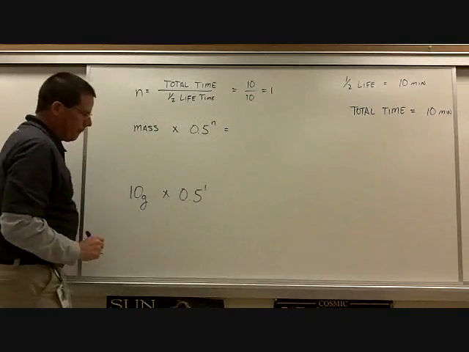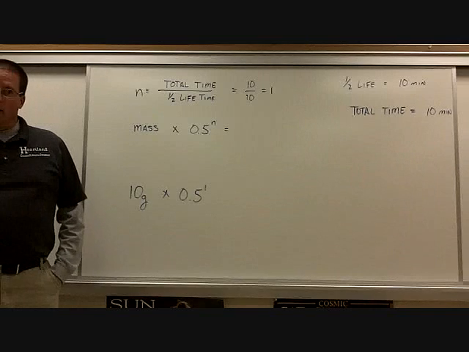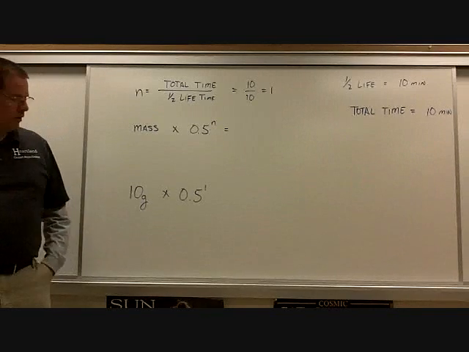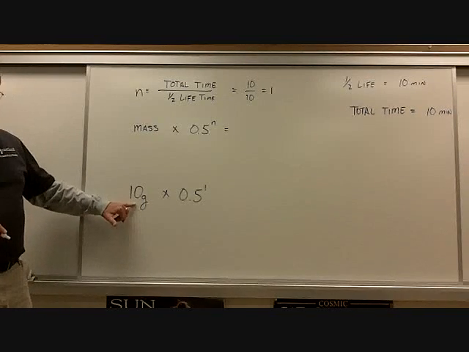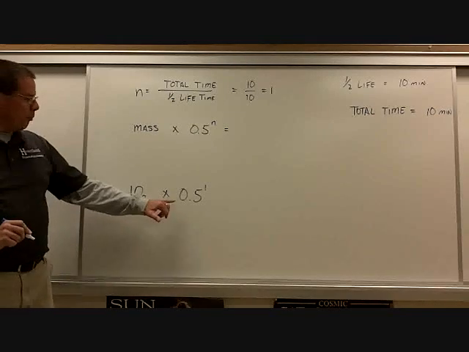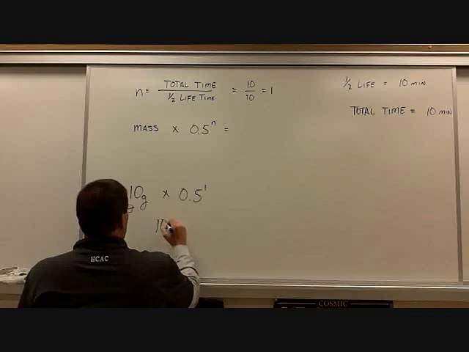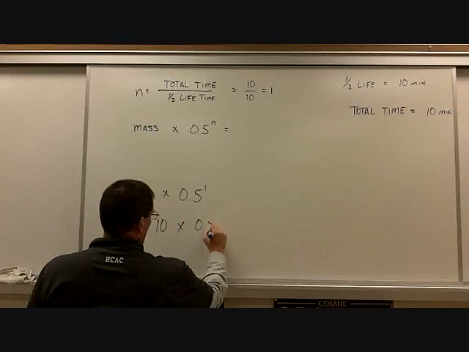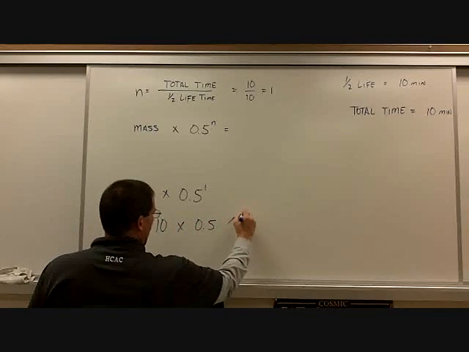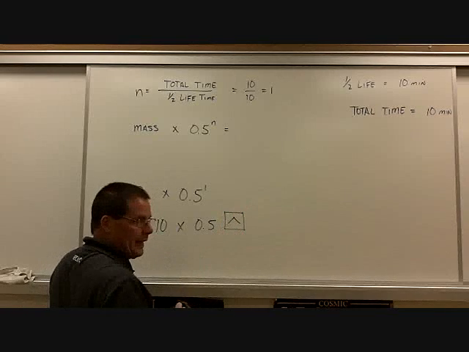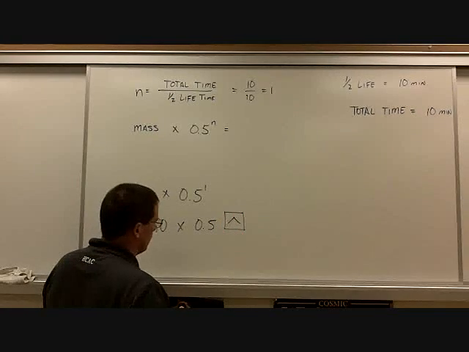So we take that, and make sure your calculator can get this. Type this in: 10, and you don't have to type in the units. 10 times 0.5 to the first power. So this would be 10 times 0.5, and you would use the caret button. Do not use the EE button.